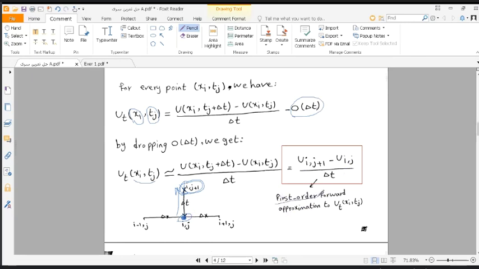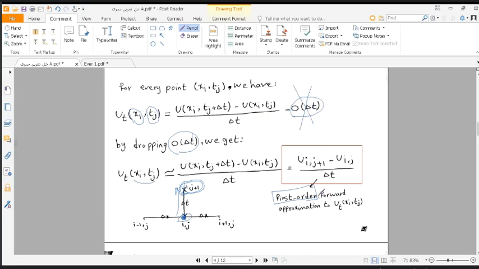Why the first order? Because we drop the O of delta t to the power 1, this formula is the first order, okay? We delete O of delta t and this formula is the first order.